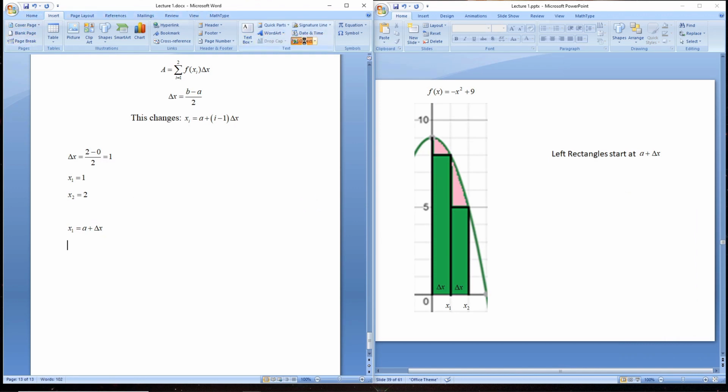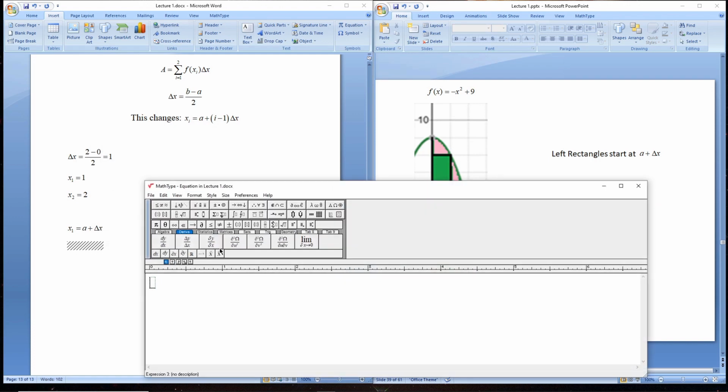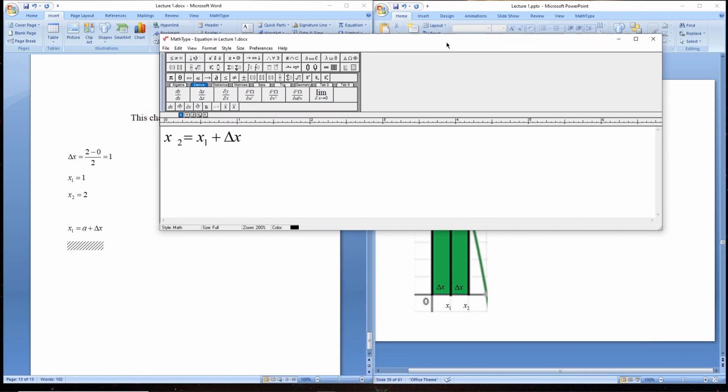And now we know the second position, x sub 2, is always going to be x sub 1 plus delta x. Again, you can see that right here. Here's x sub 2. It's simply x1 plus delta x. And that'll give us our x sub 2.